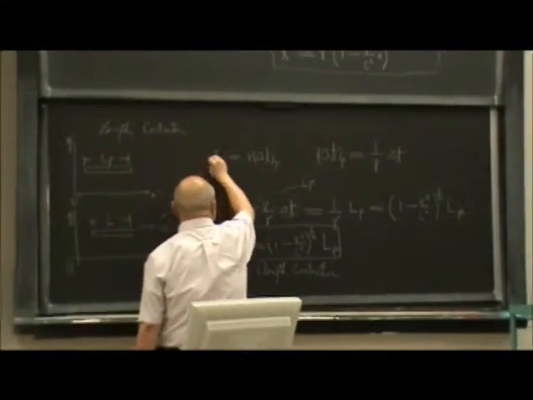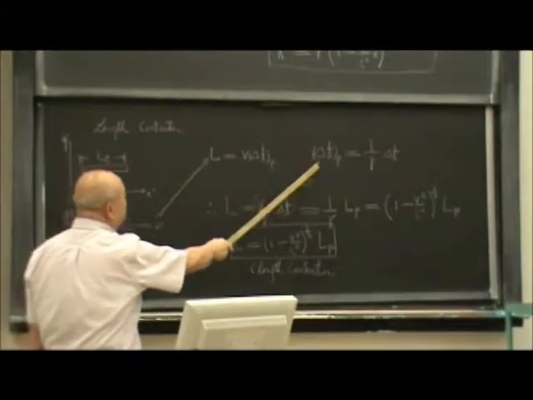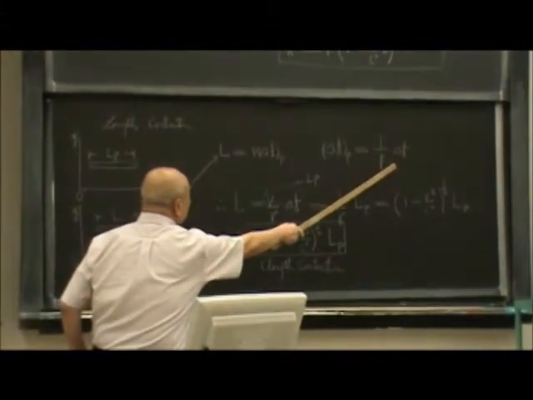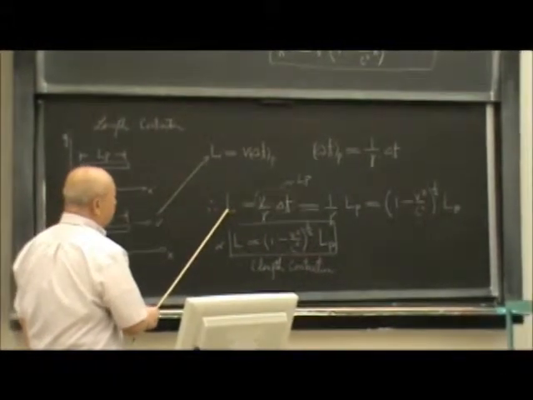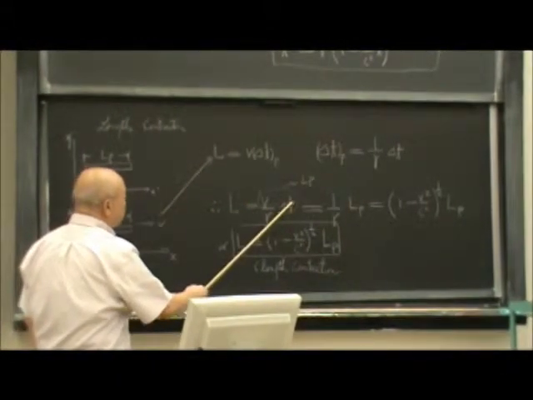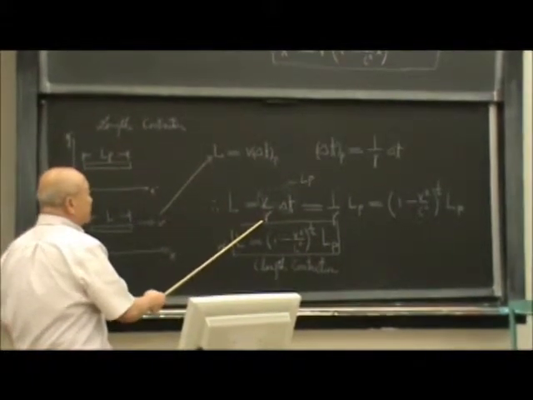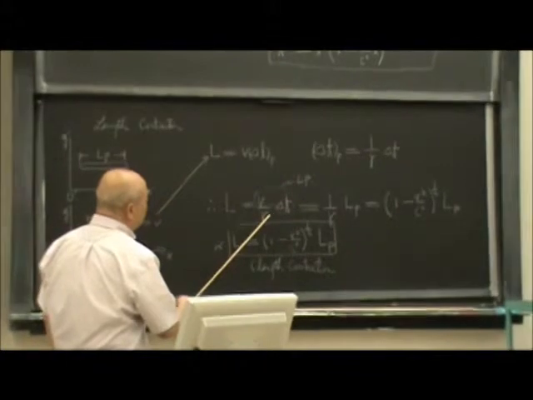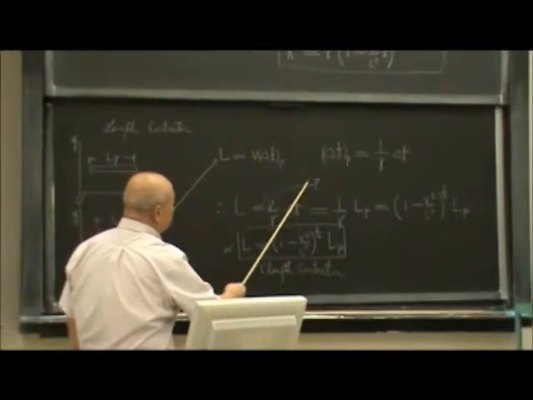In this situation, delta T_P equals 1 over gamma delta T. If you plug it in, L equals v times delta T divided by gamma. Then v times delta T equals L_P.